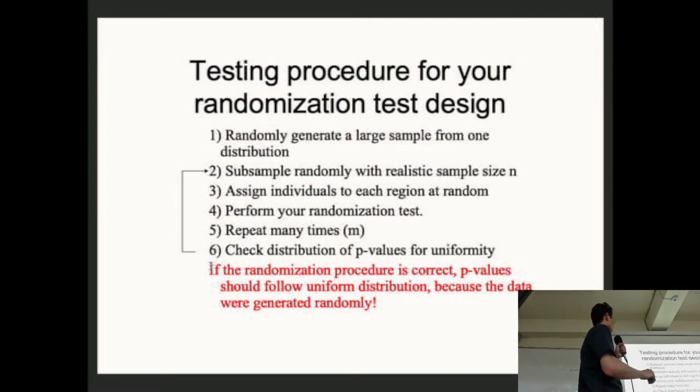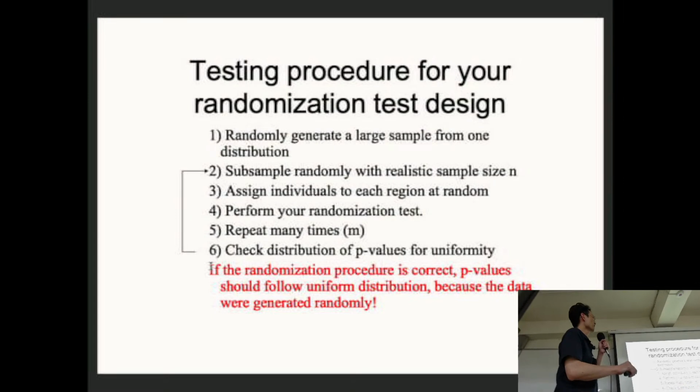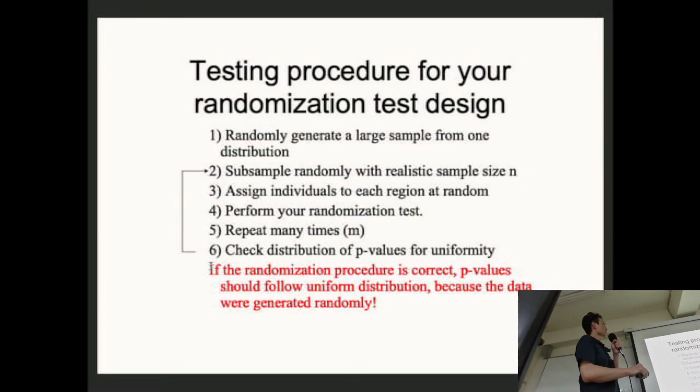Okay, and I repeat many times and check the distribution of p-value. Because the data are actually not structured, no matter how you subsample and randomly assign, you cannot reject. You can generate all kinds of possible results. So if a randomization procedure is correct, p-value should follow a uniform distribution. P-value is always between 0 and 1, right?